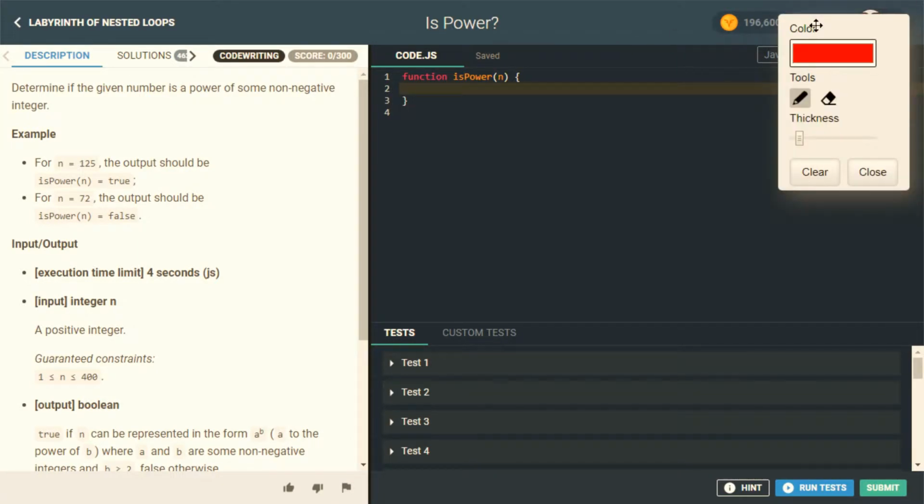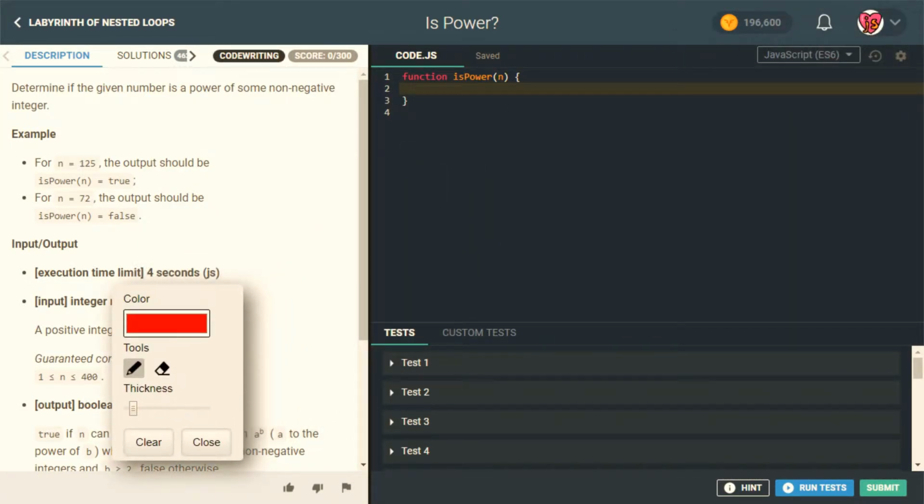When I was running my math tutoring business in a former life, what I used to tell my students is that you should know the following powers. You should know all your squares up to, I think 15 is what I said. So like 1 squared, 2 squared, 3 squared, 4 squared, 5 squared.